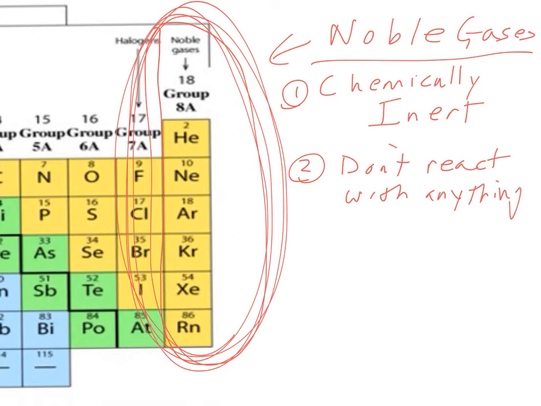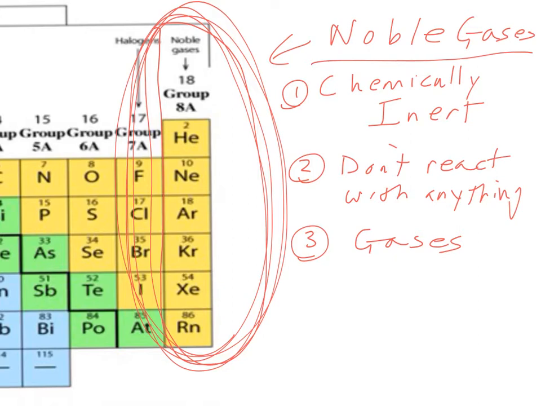Now, under extreme conditions, they're going to react with something, but under normal conditions, they're not going to react with anything. Not only that, but in their elemental forms, they're all gases. We are already familiar with a lot of these noble gases.